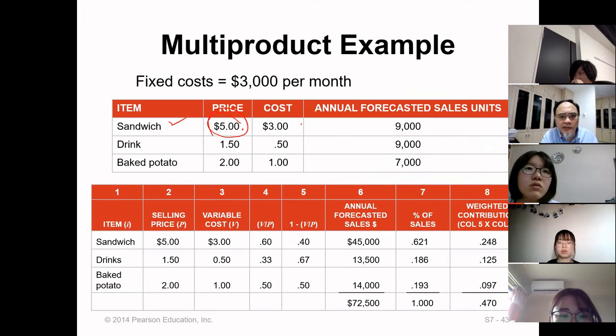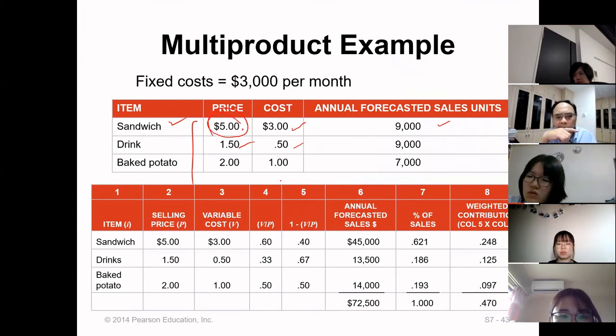This is the variable cost. This is the projected sales. And these are the three different products, with the price and the cost. So the question is trying to find the break-even.